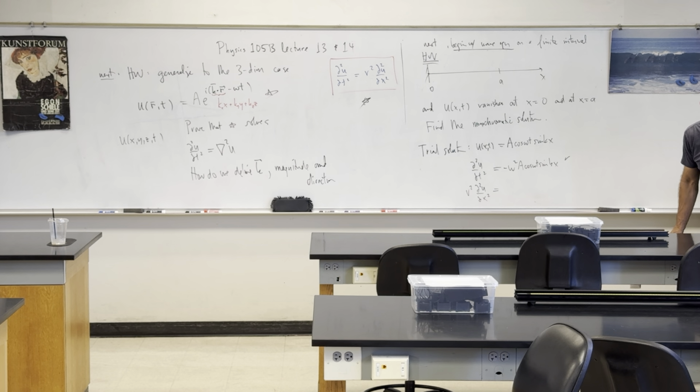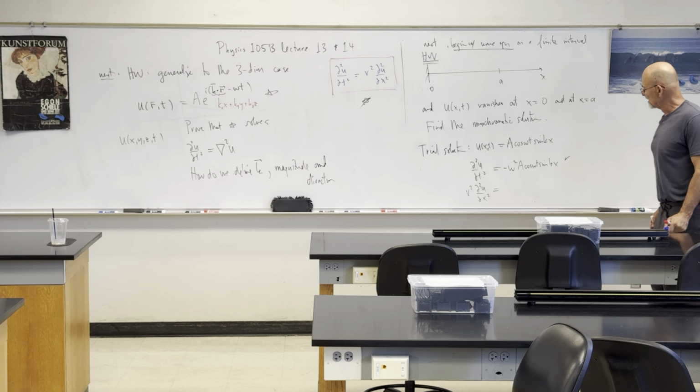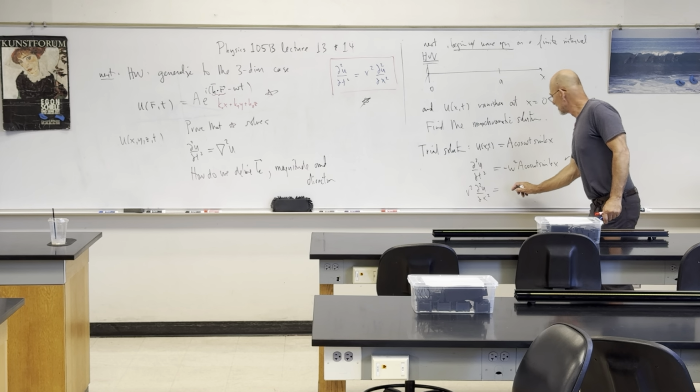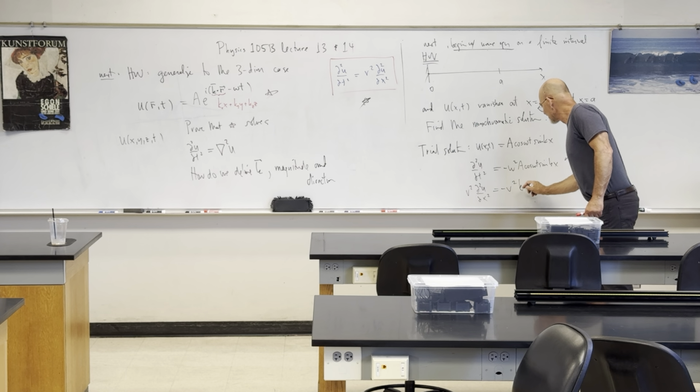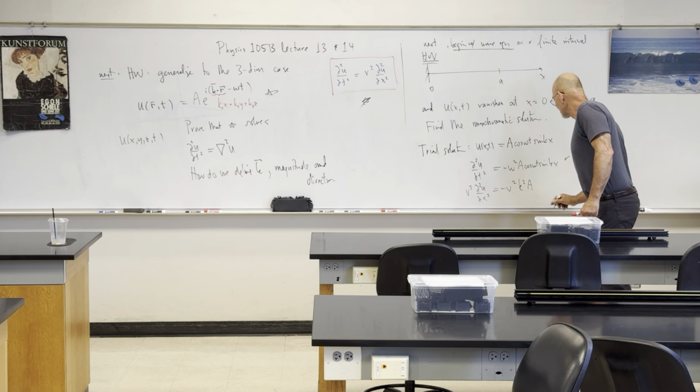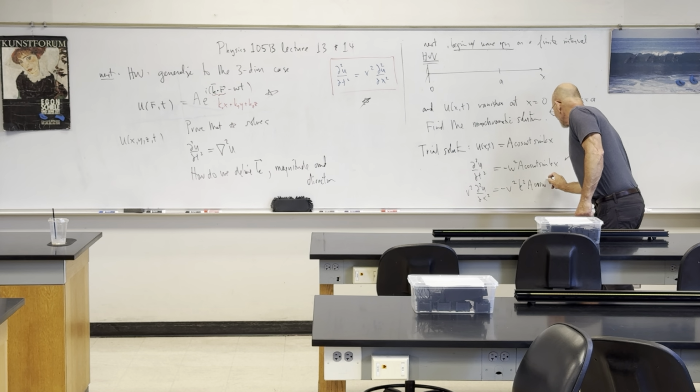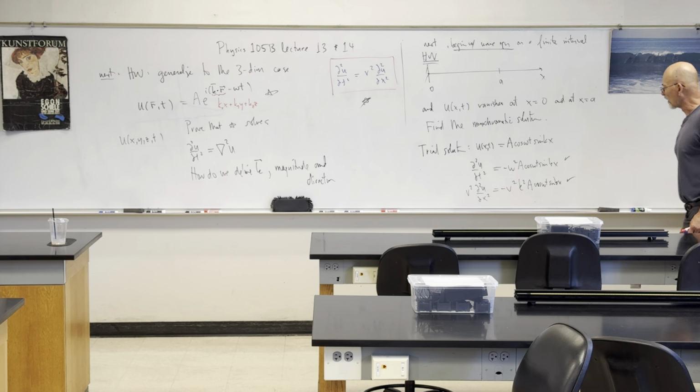We should have negative k squared, and then just the same thing: cosine of omega t times sine kx. That looks good. Are we done?